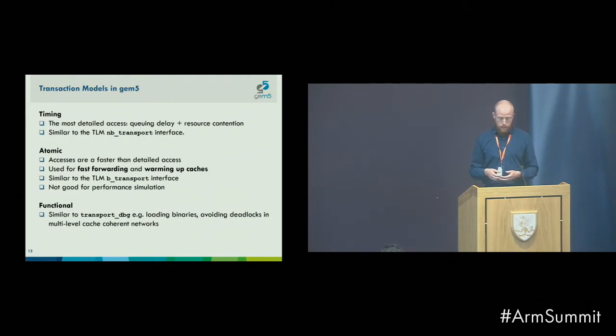And the concept is very similar to the non-blocking transport interface of TLM. Similarly, the atomic model in Gem5 focuses more on fast transactions. It doesn't provide so much timing detail. And this correlates well to the blocking interface of TLM. And then there's the functional model, which is used for initialization, debugging, and so on. And again, there's the counterpart in TLM, which is the debug transport interface.